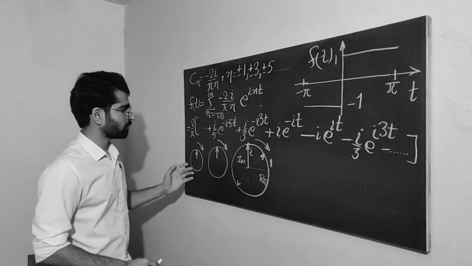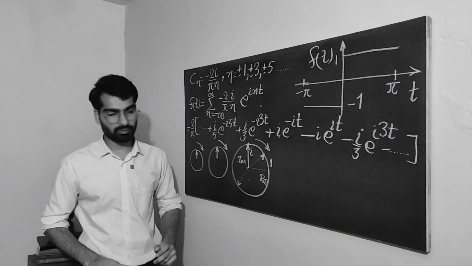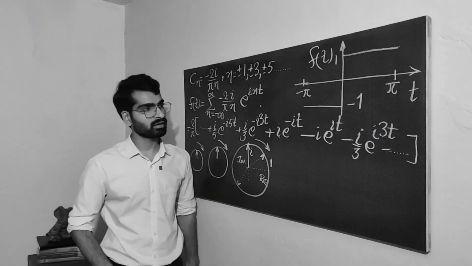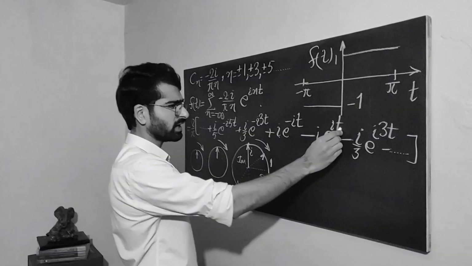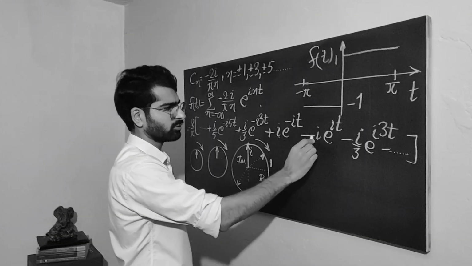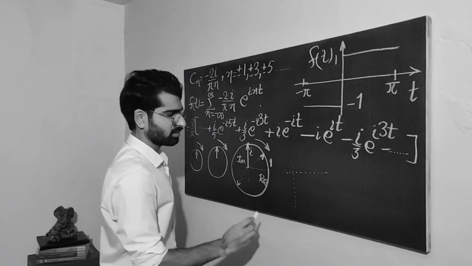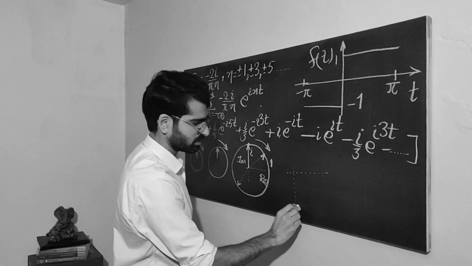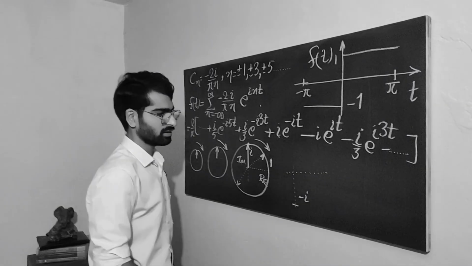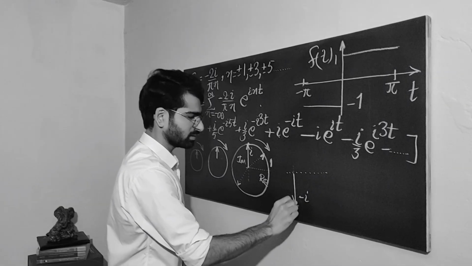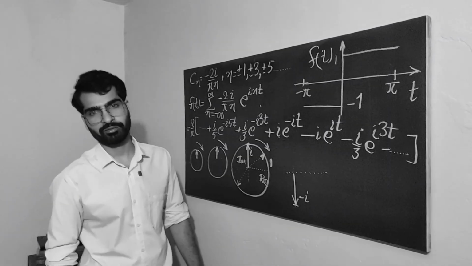Now this is all about negative frequencies. What about positive ones? Well, at time t equals 0, this goes away and all you are left with is minus i. And in the complex plane, the minus i is somewhere here, means the vector is right there at time t equals 0.